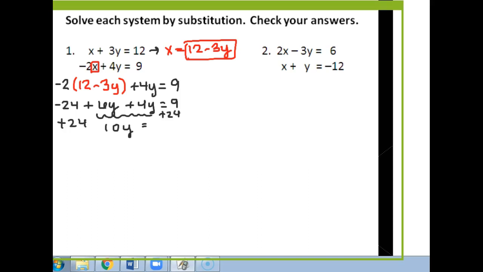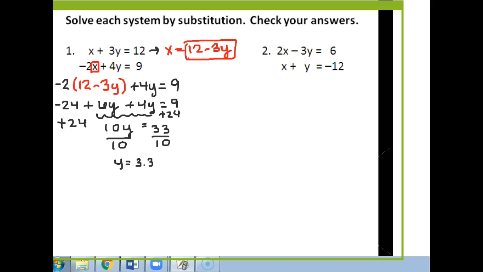So 9 and 24 gives me 33. And then I'm going to solve for y by dividing both sides by 10. And I get y equals 33 over 10, or 3.3.